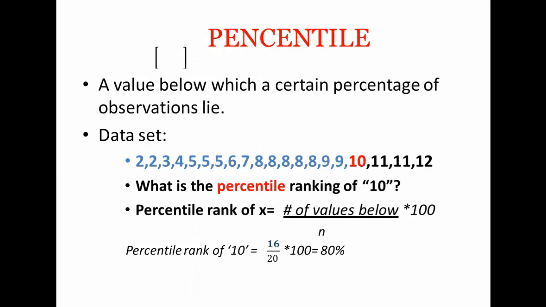The percentile rank of any number is the number of values below it divided by n, multiplied by 100. The number of values below 10 is 16, out of a total of 20 terms. So divide by the total number and multiply by 100, giving 80%. The percentile rank of 10 in this data is 80%.